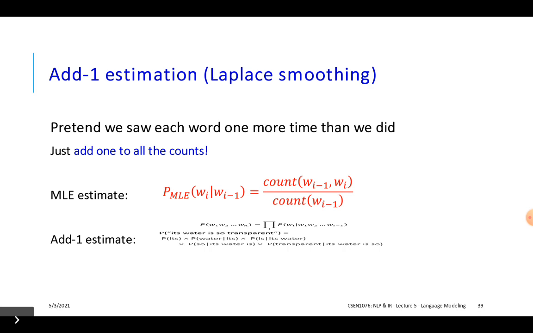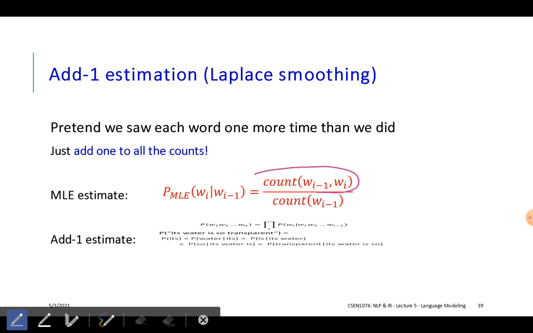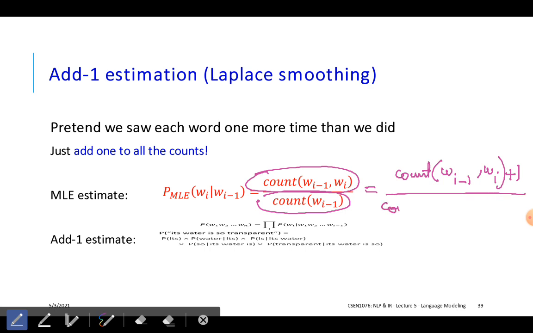So again, the maximum likelihood estimate is the count of the 2 words divided by the count of the previous word. We will tweak this a little bit to make it the count of the 2 words plus 1. We have seen this word one more time, and divided by the count of the previous word.